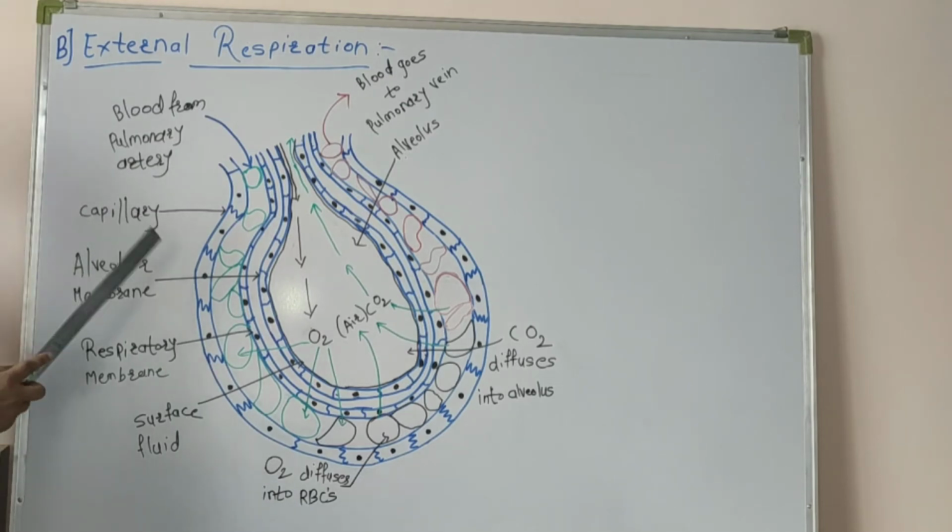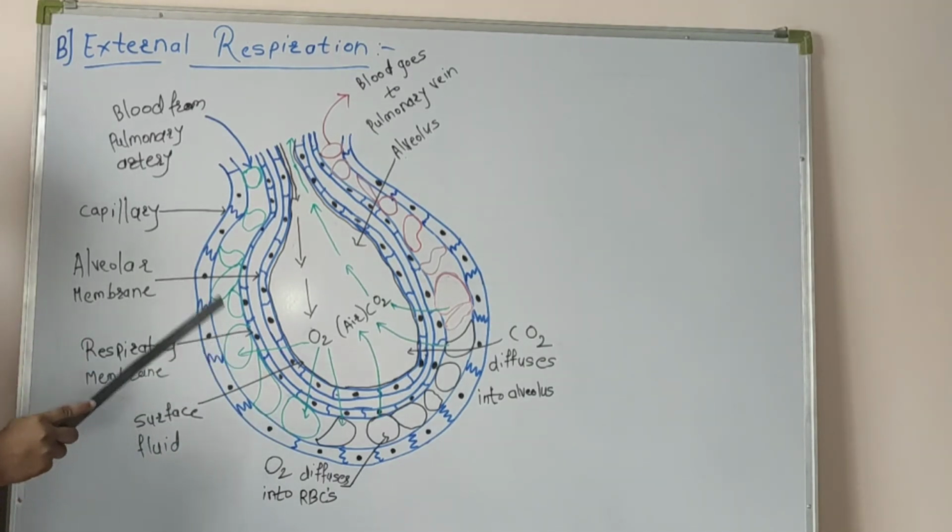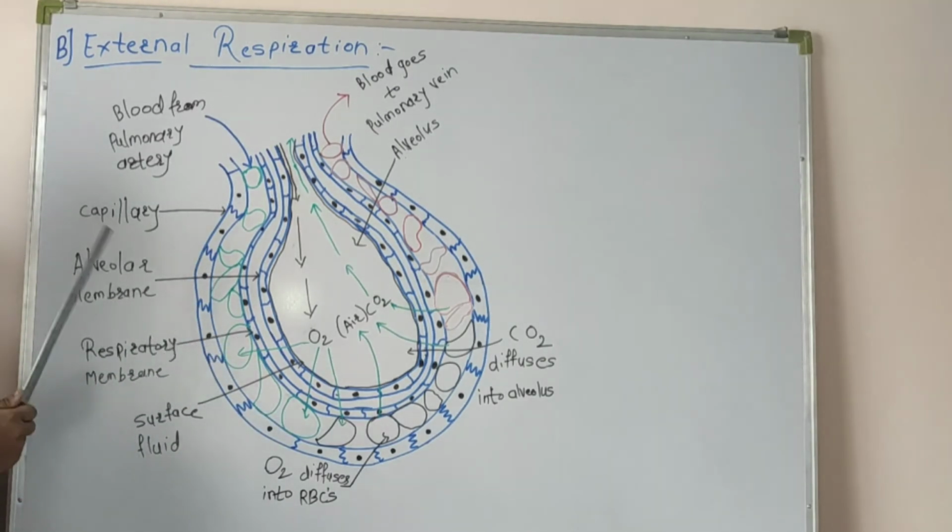And the partial pressure of carbon dioxide is 45 mmHg, but in the alveolar air it is only 40 mmHg. So there is a difference in partial pressure. That's why carbon dioxide always diffuses from the capillaries to the alveoli.